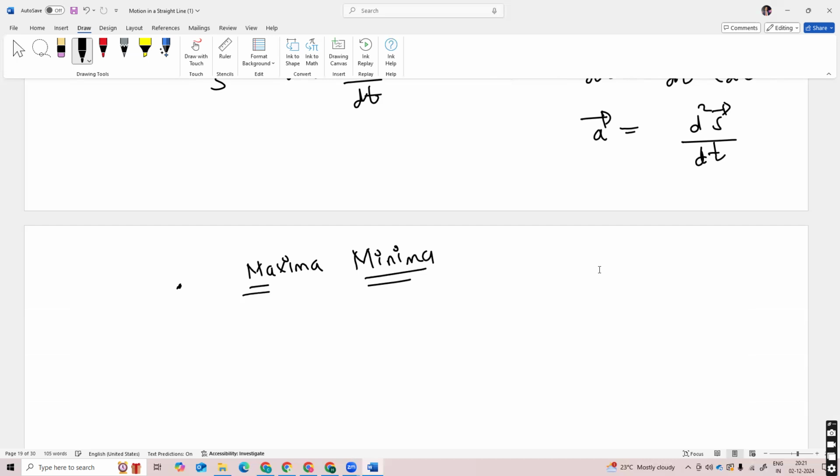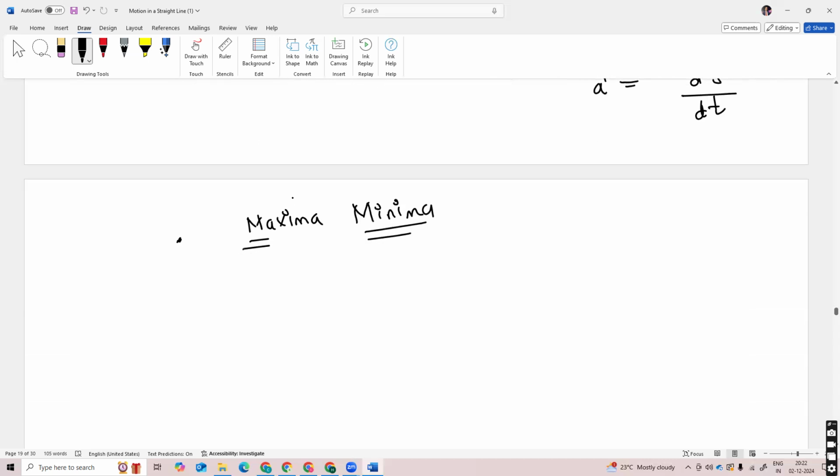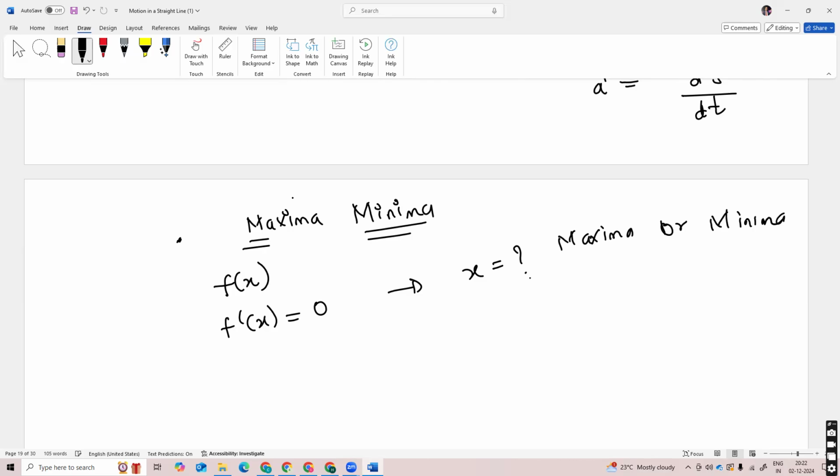What we learned in maxima and minima was, if you have some function f of x and you set its derivative f dash of x equal to 0, you get some value of x, and that value will be either a maxima or a minima. Then you take the double derivative f double dash of x.